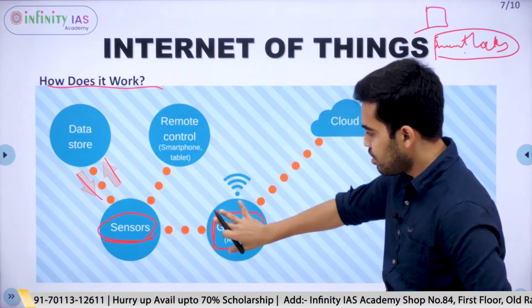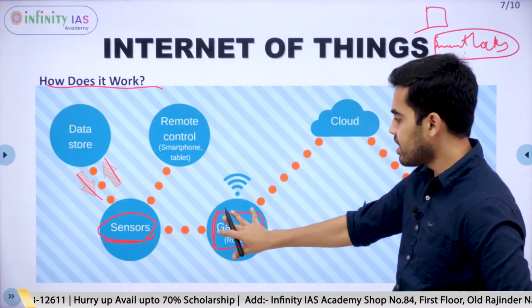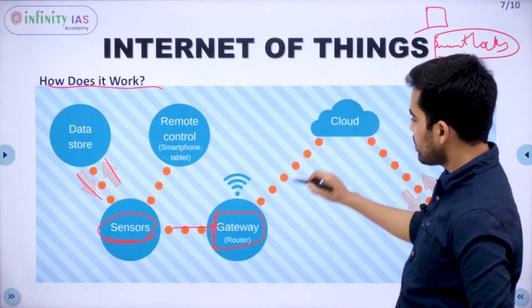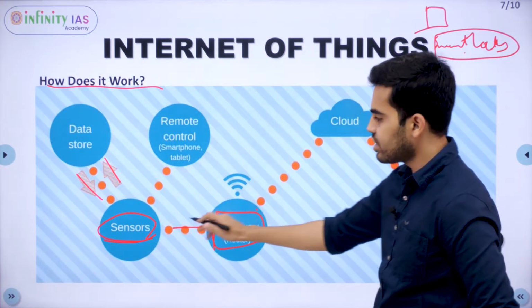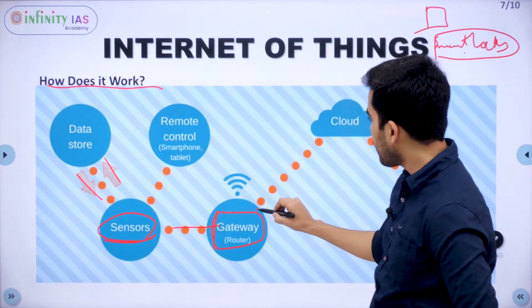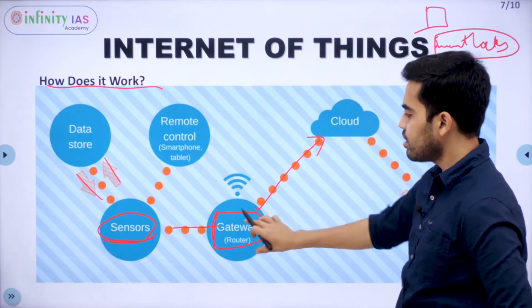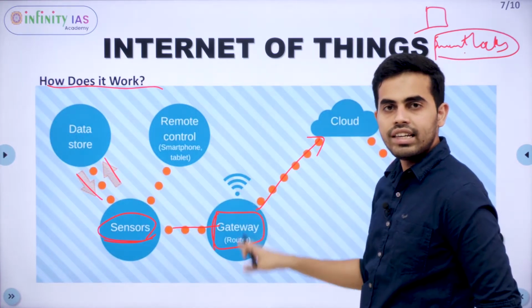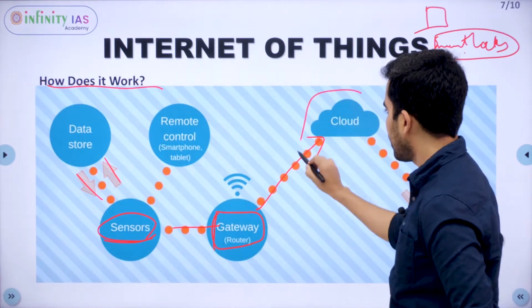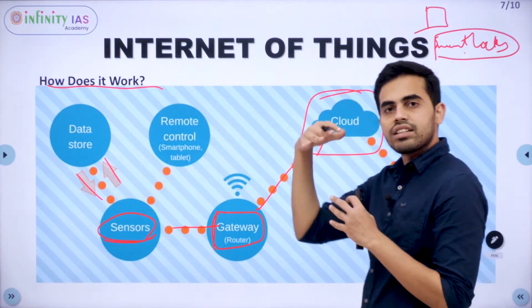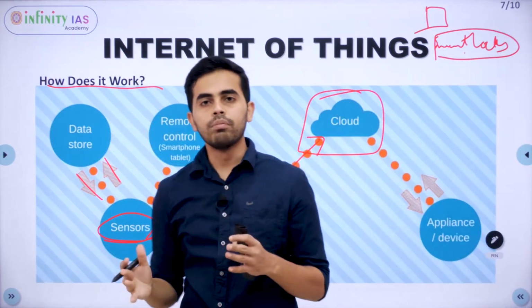This is the middleman in the Internet of Things. Sometimes the information that the door is opened might be sent to a cloud, or it can be processed locally also. So this cloud part is optional. Cloud means a server somewhere far away from the home.